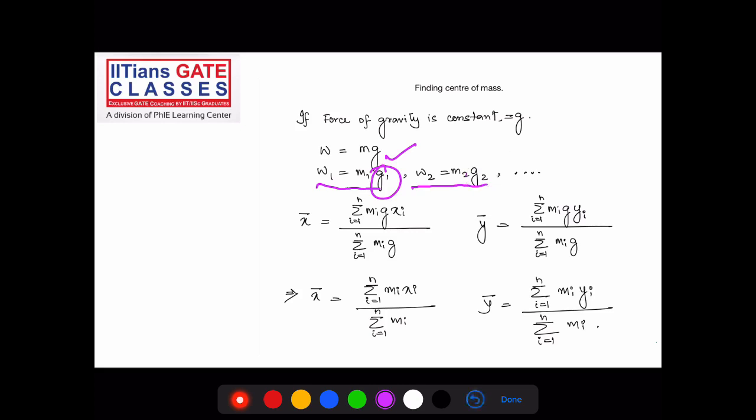In that case, we can write wi is mi g, right? We can cancel out g.